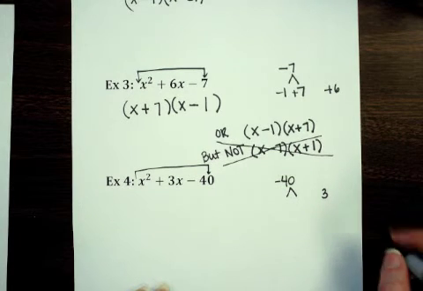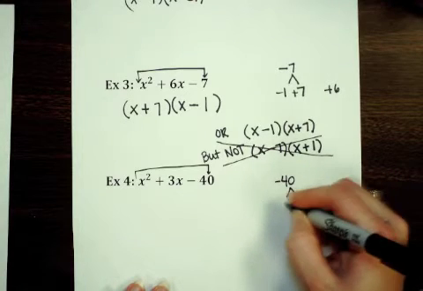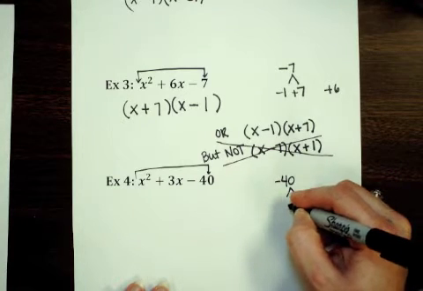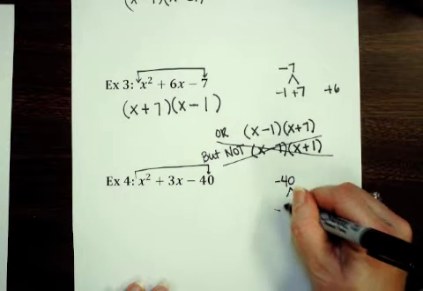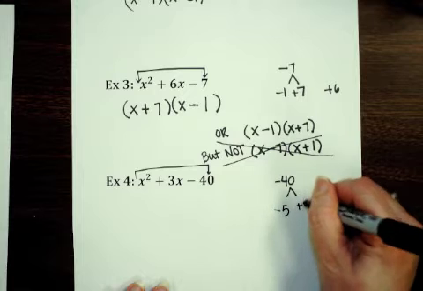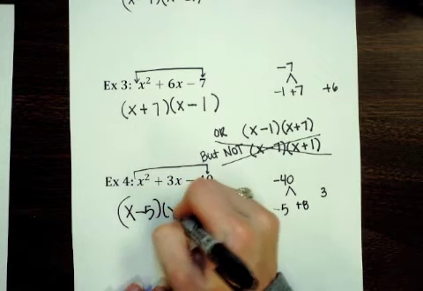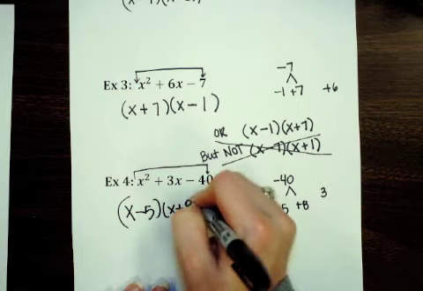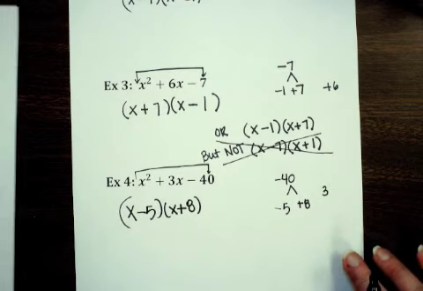And when I did that, I got positive 8 and negative 5. So again, I can say x minus 5, x plus 8, or if you have x plus 8, x minus 5, that is also correct.